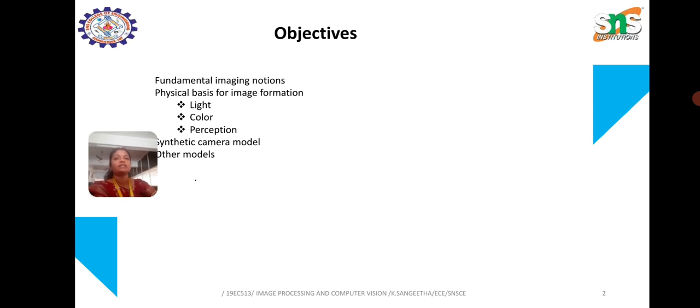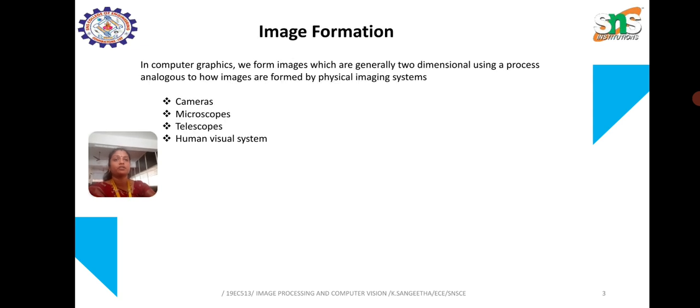And image sensors are CCD, that is charge coupled device, and CMOS, complementary metal oxide semiconductor. They convert light into an electrical signal, producing a digital image. So there are some distortions. Real world lenses introduce distortions such as radial distortion and tangential distortion.